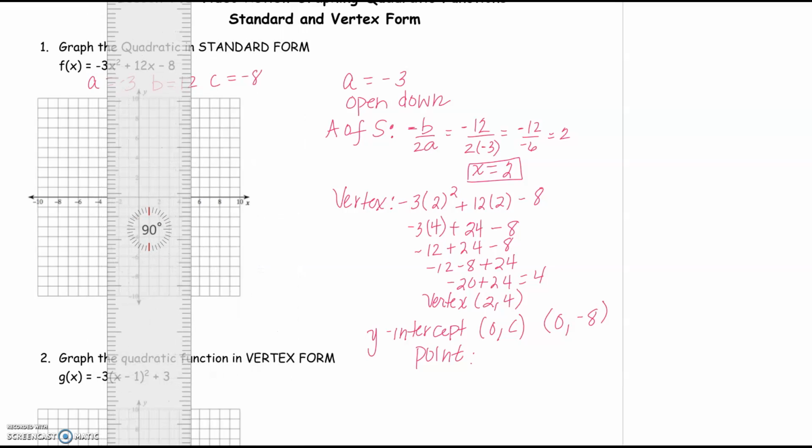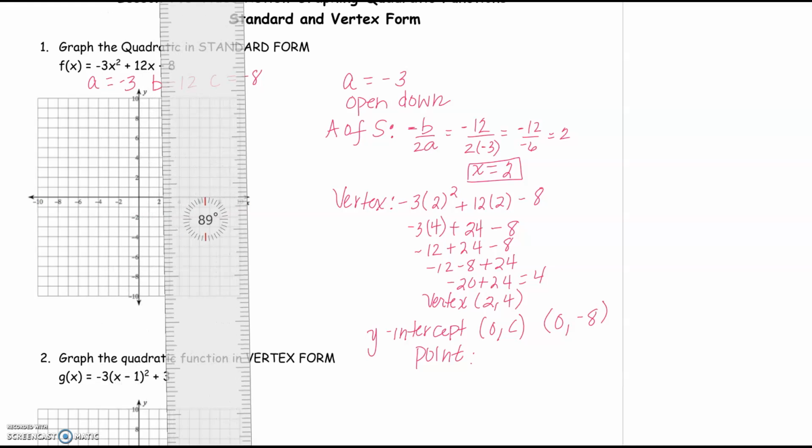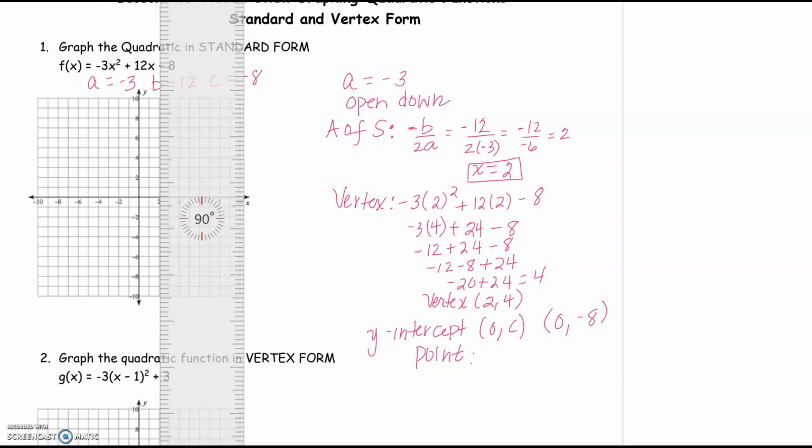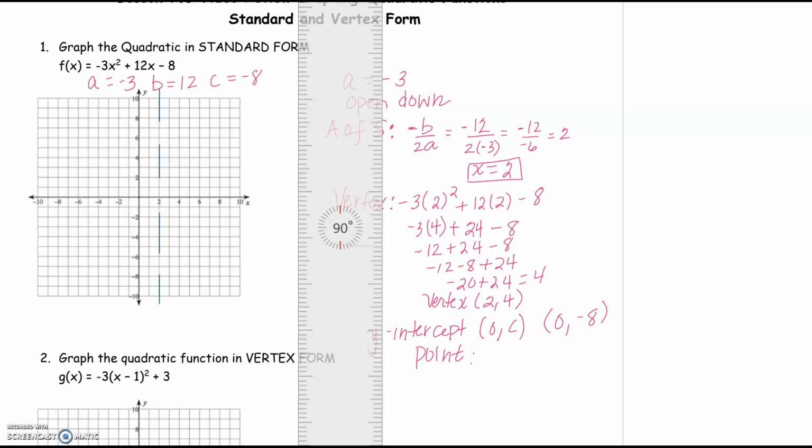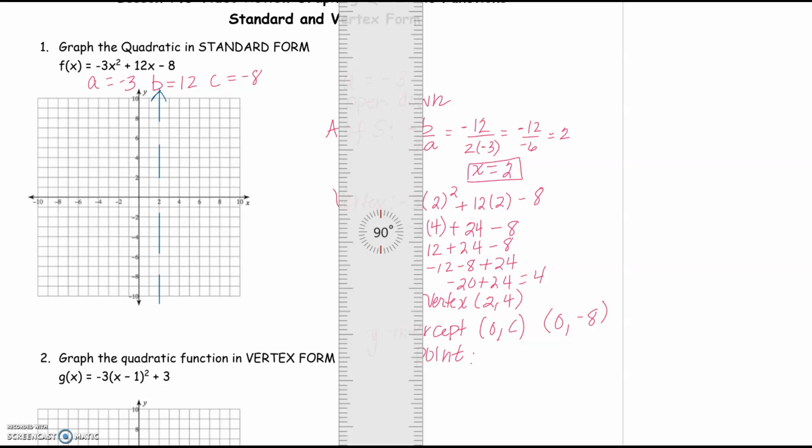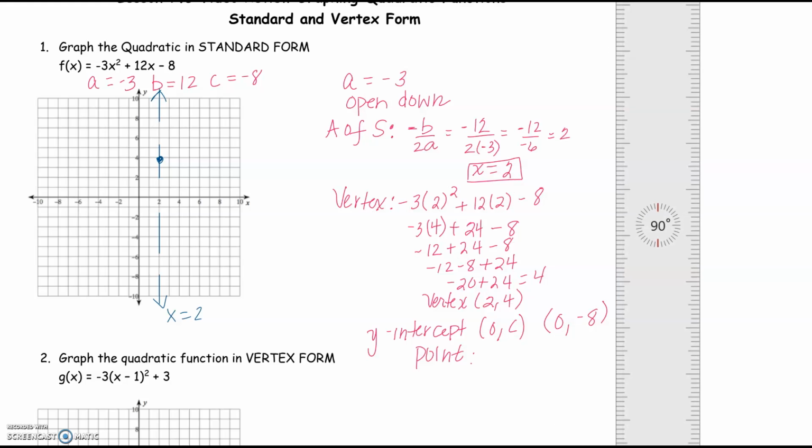And we said our axis of symmetry is 2. Remember, it's a dotted line through 2. x equals 2. Our vertex is 2, 4. It should be on that axis of symmetry, and we know this is opening down, so my other points should be below that vertex. My y-intercept is 0, negative 8.